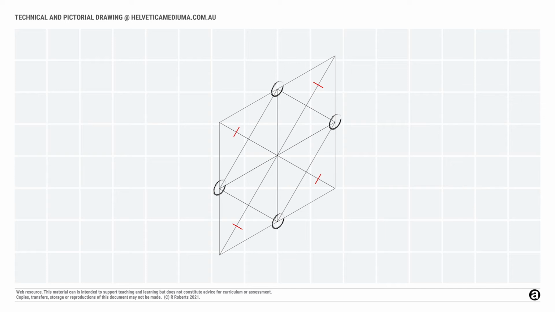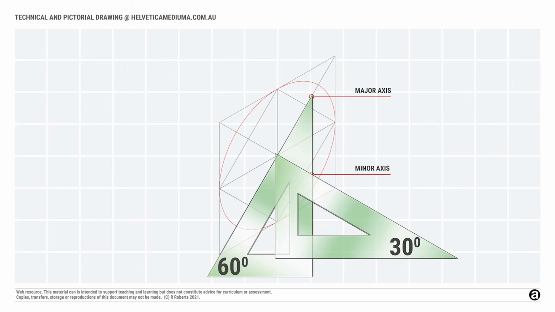It's important to mark those where I've marked the red before you draw your ellipse. And then we see that we add the ellipse and it crosses the diagonal at those points. And there we have it, the ellipse in the isometric square. So it works on the same principle that it did in an undistorted square.